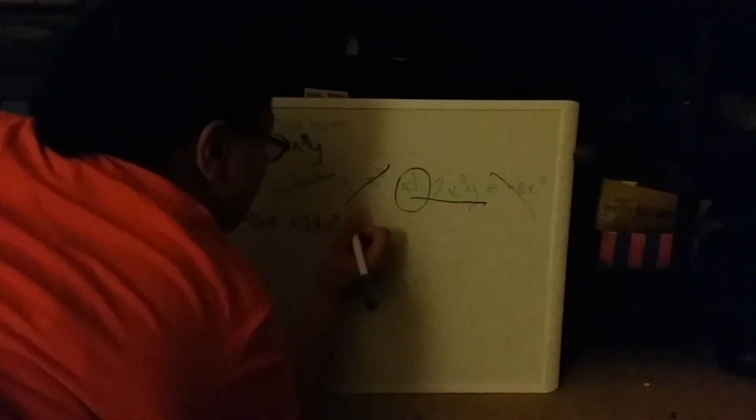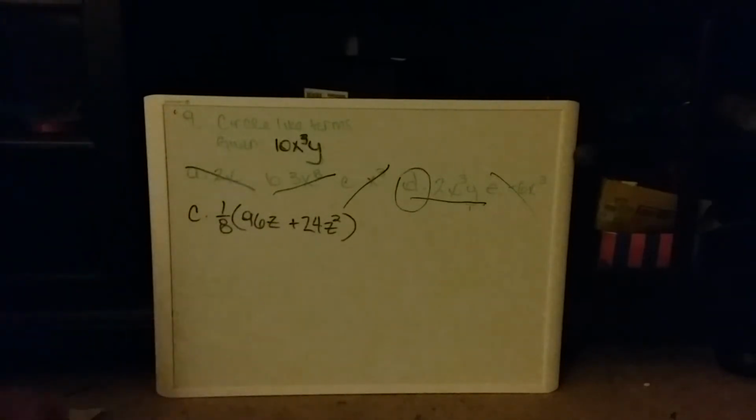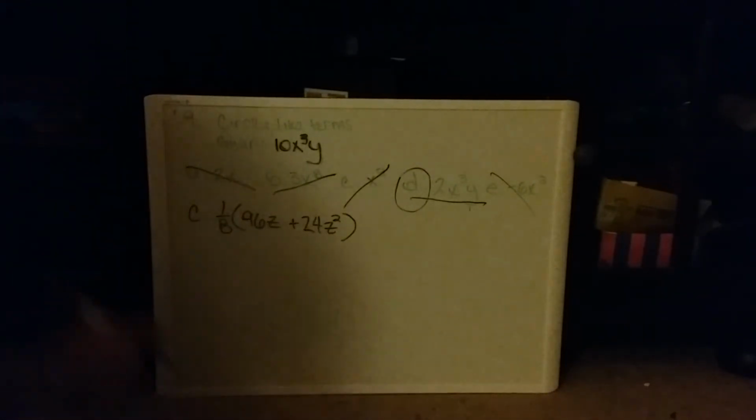All right, so what does C say? It says 1/8 times 96z plus 24z squared. Don't be afraid of fractions. Fractions just means divide.